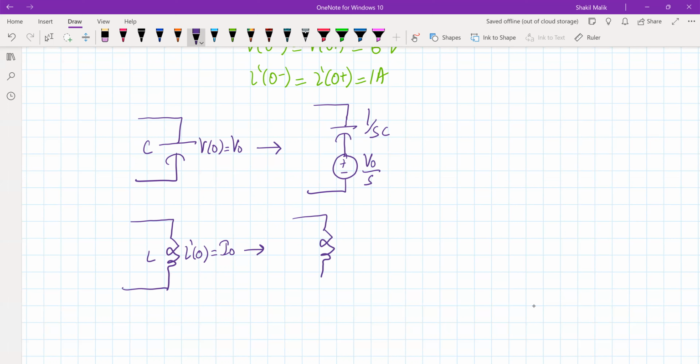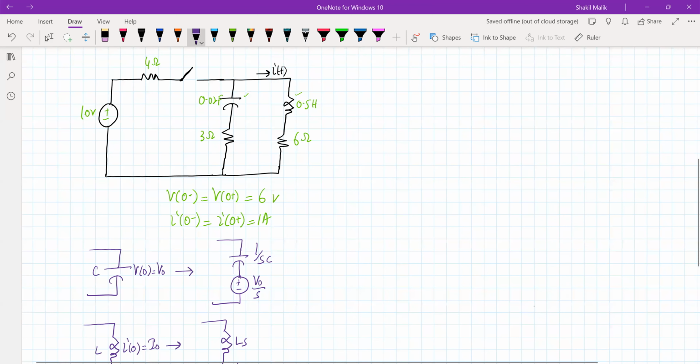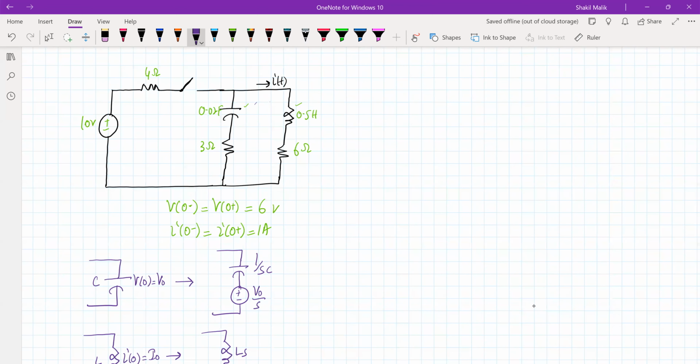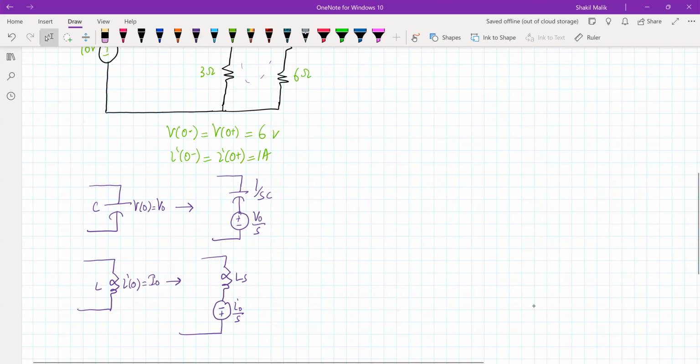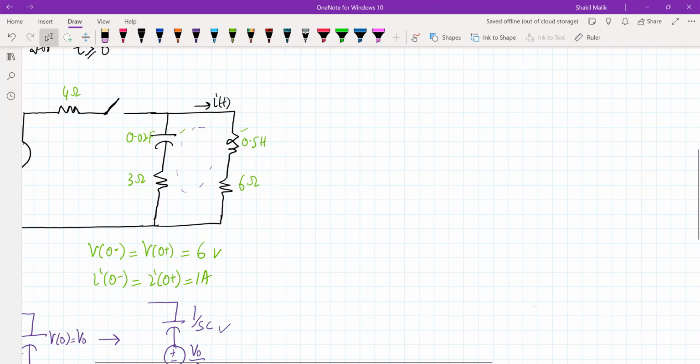There we can have two models, but this time we'll use the series model, or the KVL model, with Ls. So we'll replace this circuit with its Laplace transform equivalent: for the capacitor we'll use this, and for the inductor we'll use this.